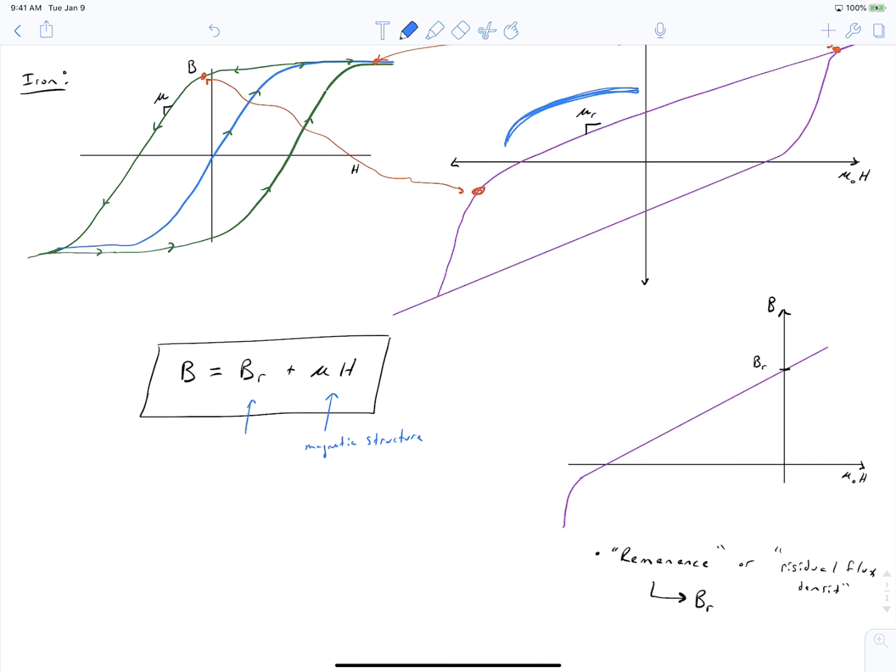And our remnants is the bonus that we get for this being a permanent magnet, for having energized it out to the point of saving a magnetization state.